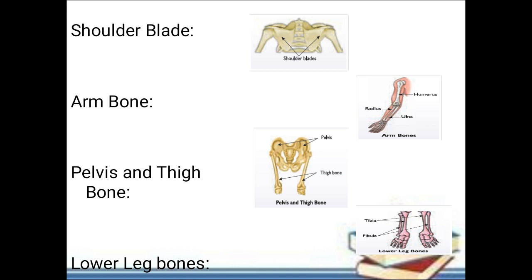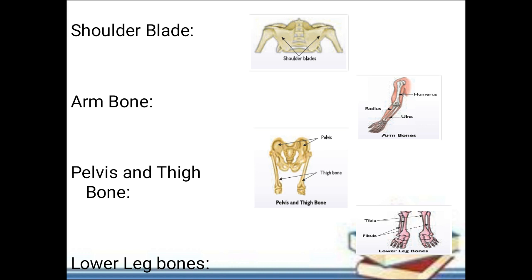In the upper arm there is only one bone, called the humerus, which is a long bone. In the lower arm there are two bones: the radius and the ulna. The hand is divided into three segments: wrist, palm, and fingers. The hand contains 27 bones.